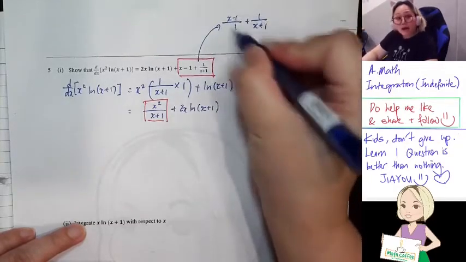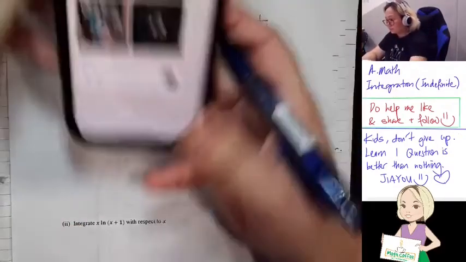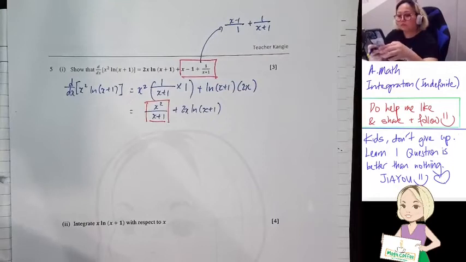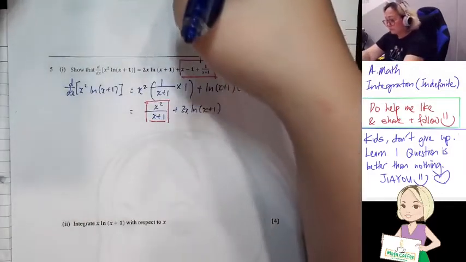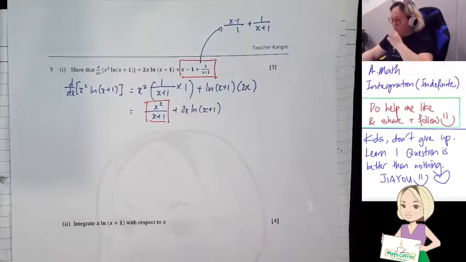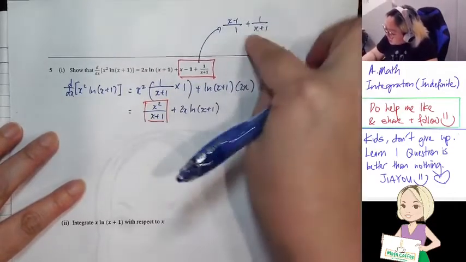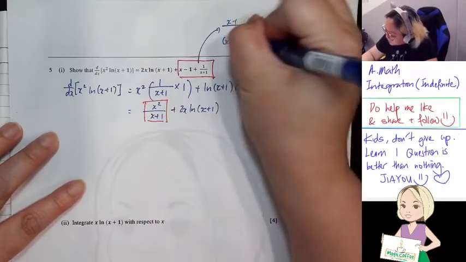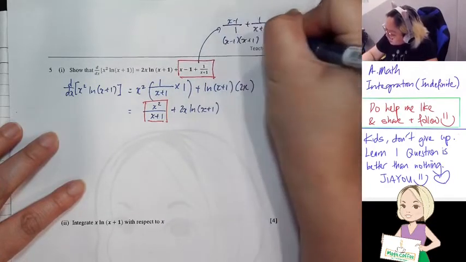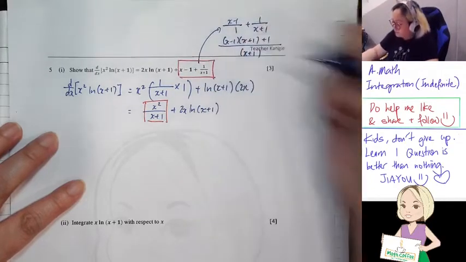I shall combine this into a single fraction with the same denominator x plus 1, so it will be x minus 1 times x plus 1 plus 1 over x plus 1.